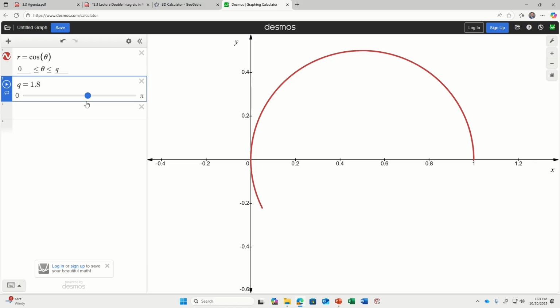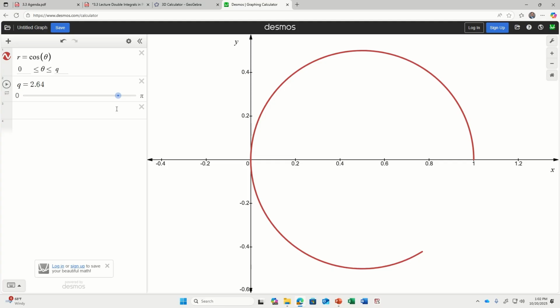And then what happens next is that theta is between pi over 2 and pi. Theta just traced out the top half of the circle, and now theta is pointing right here. The thing is that r is negative, because cosine of this particular theta is a negative number. Even though theta is pointing in this direction with a negative r, my curve is going to be drawn in that direction.